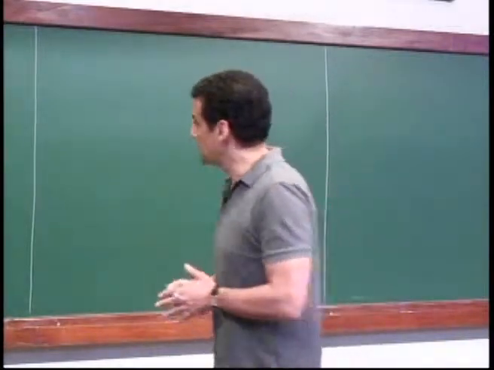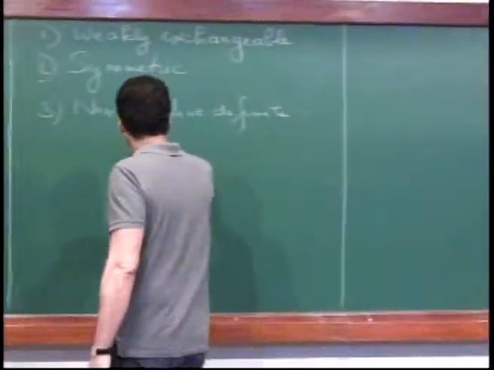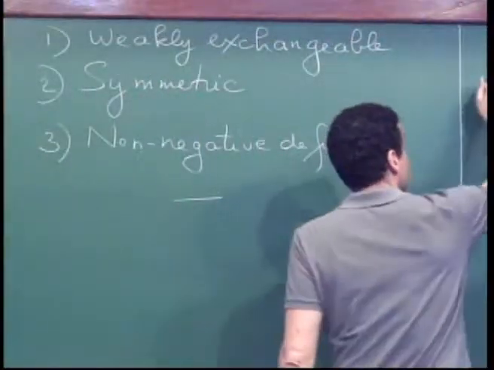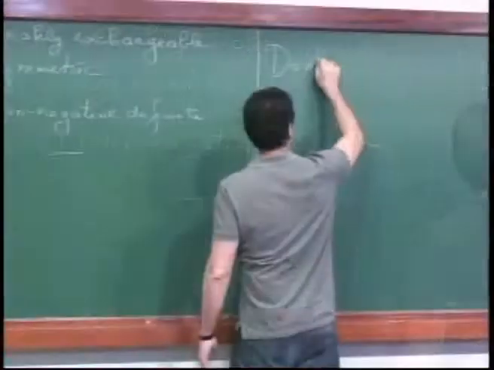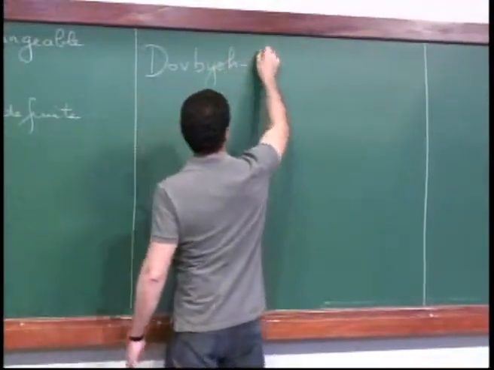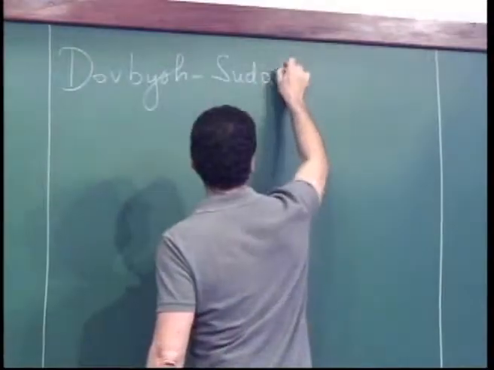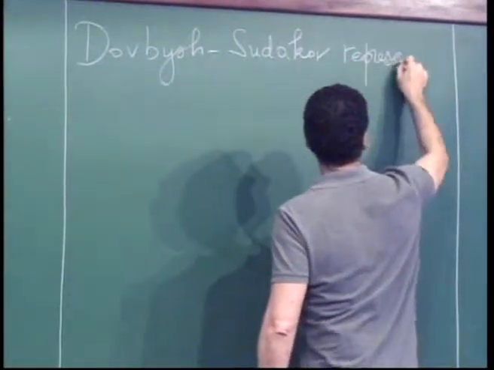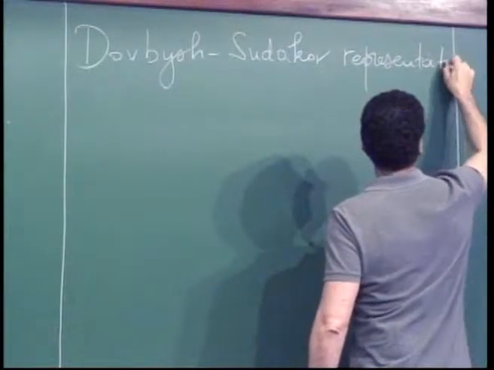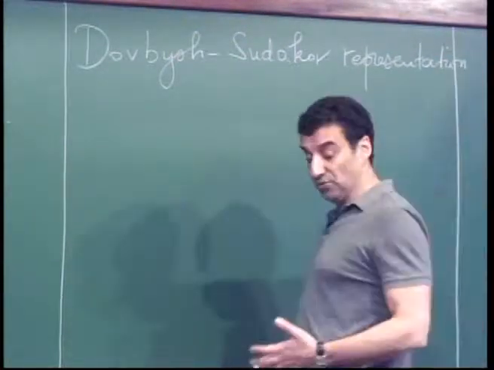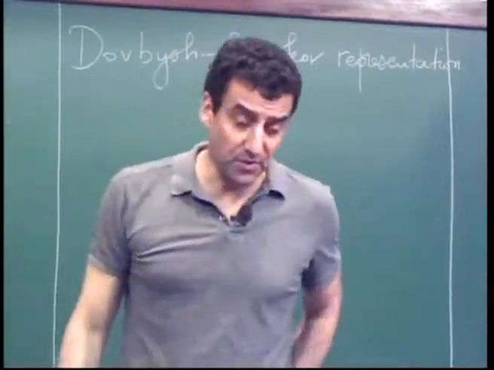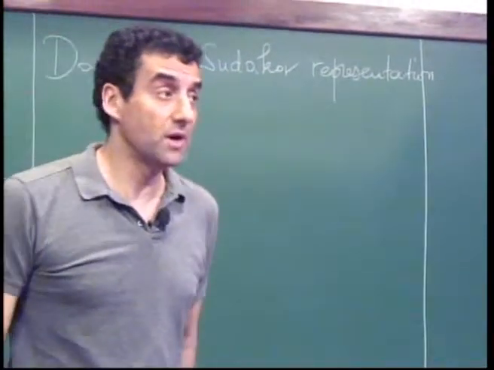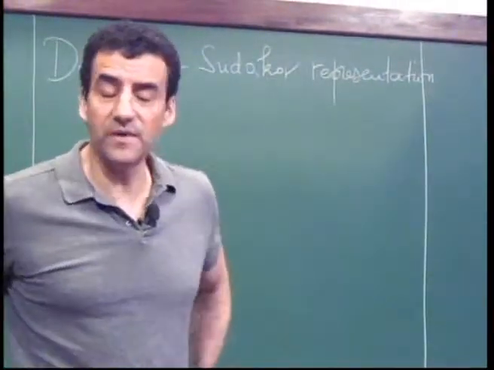So this theorem is called the Dovbysh-Sudakov representation theorem, which has been put to use for this purpose by Panchenko very well, and reproved and simplified.